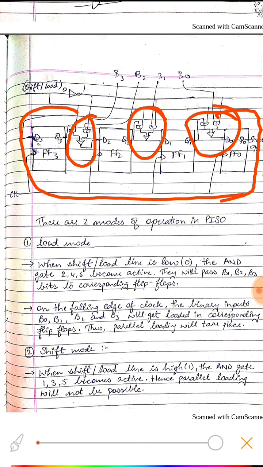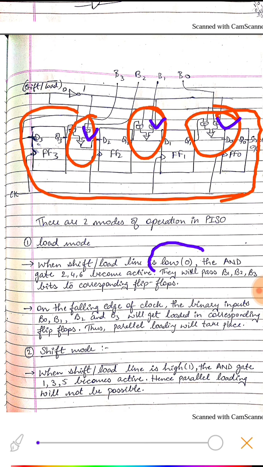Now if the select line, that is the shift and load line, is low, then the AND gates 2, 4 and 6 become active. This is 2, this is 4, this is 6. These AND gates will become active, and our data B0, B1, B2, B3 will be stored in the shift registers.